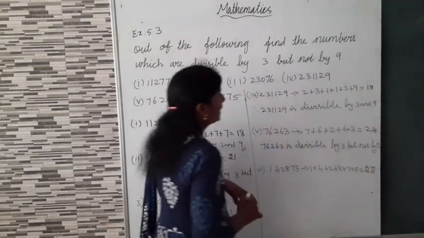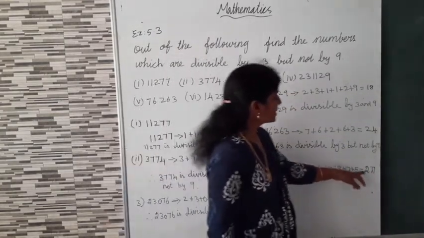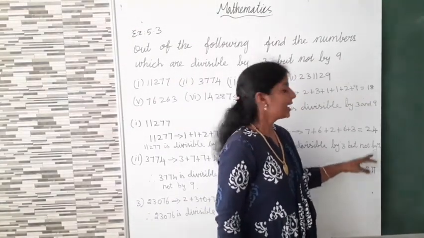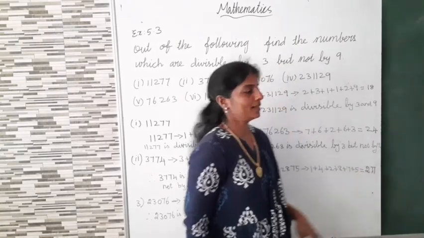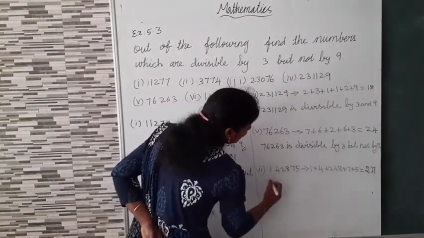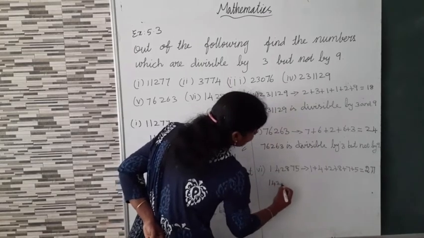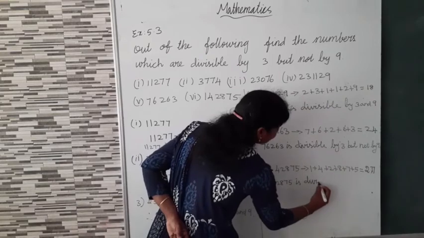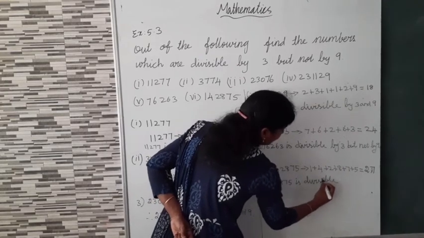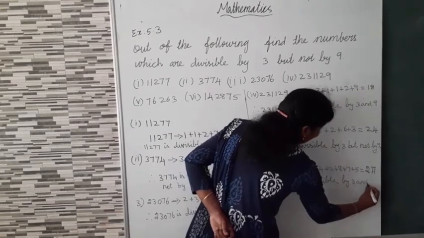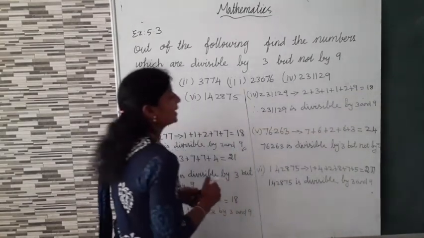Now 9 3s are 27, 3 9s are 27. This 27 is divisible by 3 and 9, isn't it? So 1,42,875 is divisible by 3 and 9.